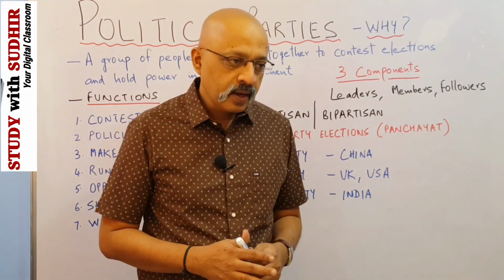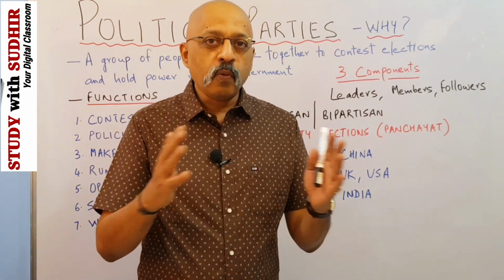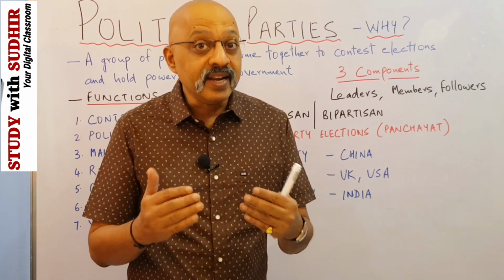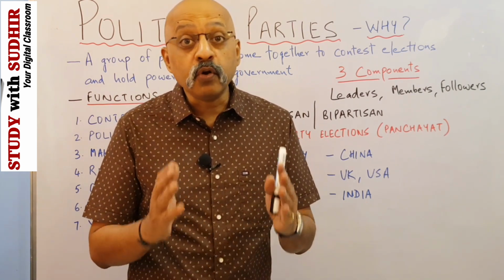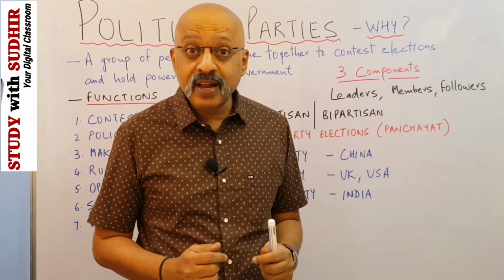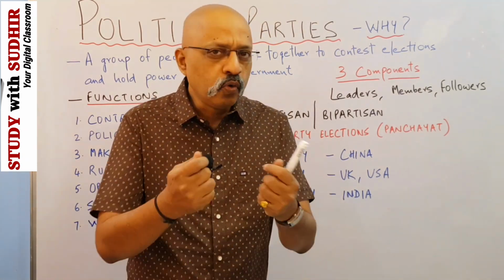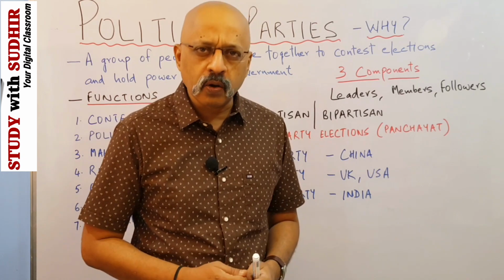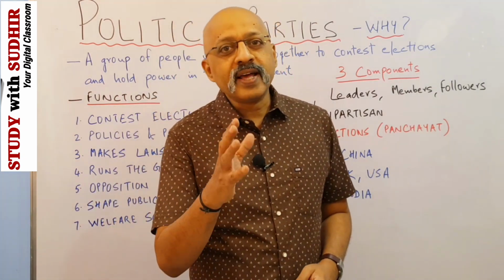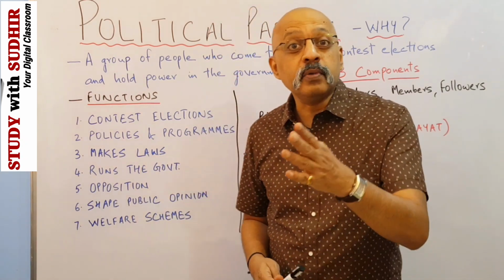Political parties essentially operate in a system called democracy, elections. While people understand elections and political parties, they don't understand heavy duty concepts like what is democracy. If you go to a village or a small town, or even a city, and ask people what exactly is democracy, they may not be able to define it.